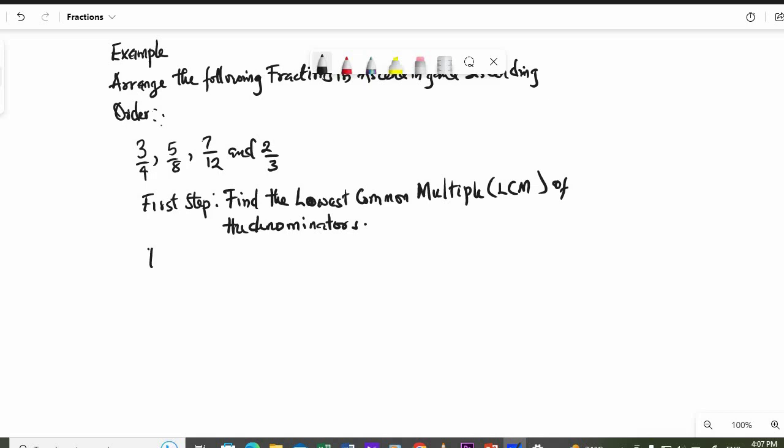Now the denominators are 4, 8, 12, and 3. So we're going to find the LCM of 4, 8, 12, and 3. Okay.